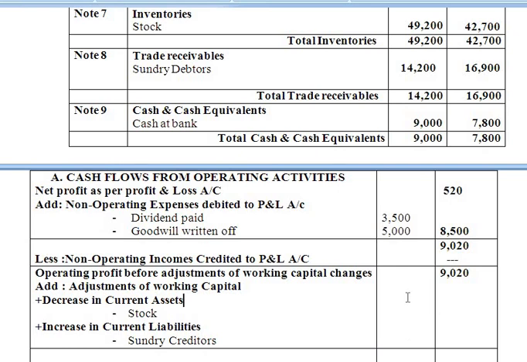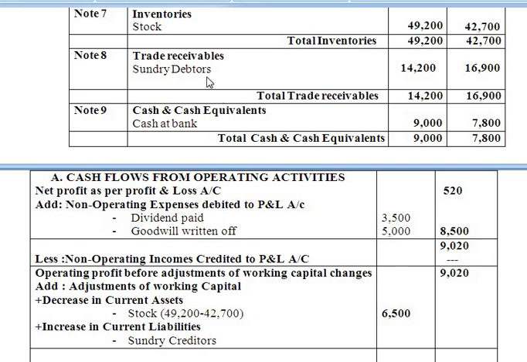So we have to write here the amount of decrease in inventories. How much decrease? 49,200 minus 42,700 is equal to 6,500. If you want, you can show this calculation in brackets, 49,200 minus 42,700, so that later you do not get confused.